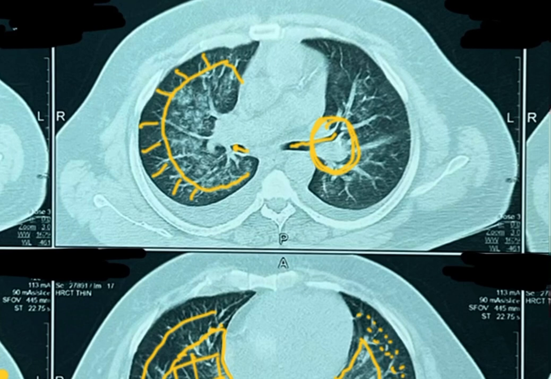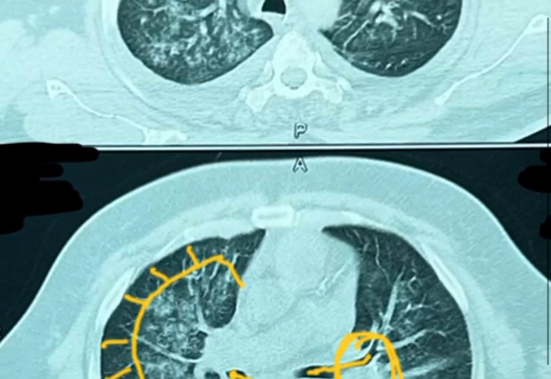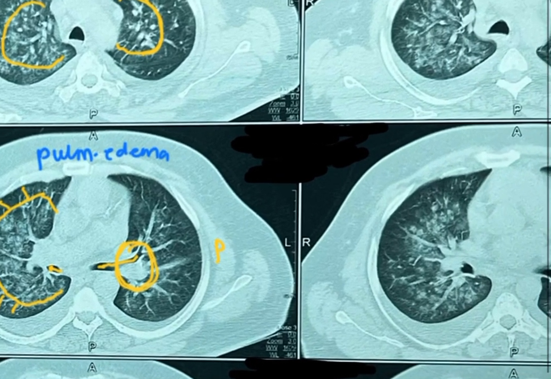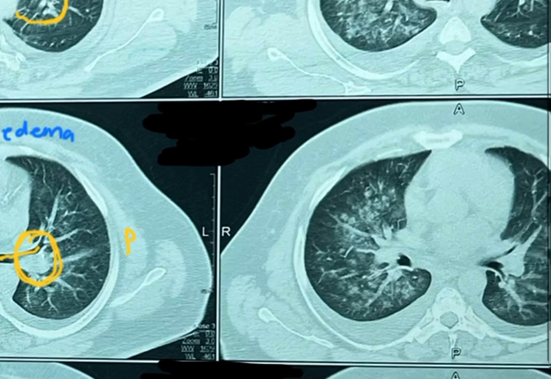So in this image, there is clear-cut involvement around the hilum, and it is sparing the outer portion of the lung. It is a very, very typical feature of pulmonary edema. This is the very typical feature of pulmonary edema, because in pulmonary edema you'll be having a perihilar involvement.